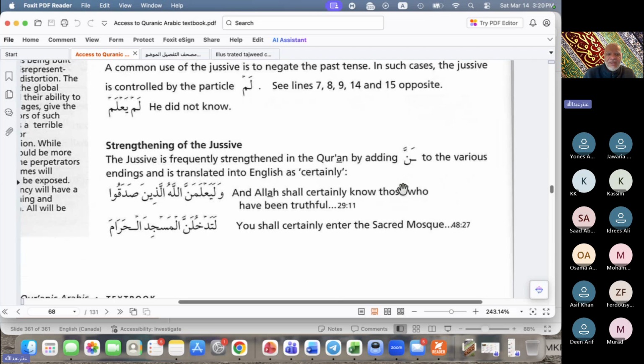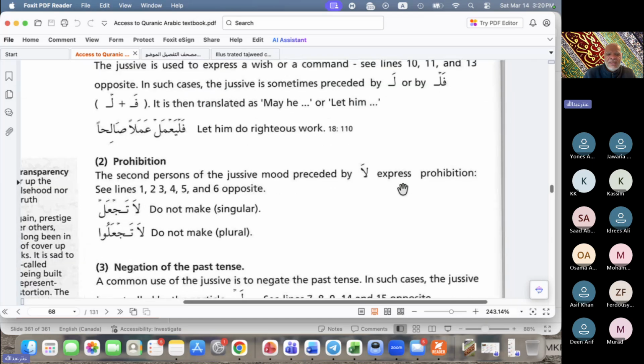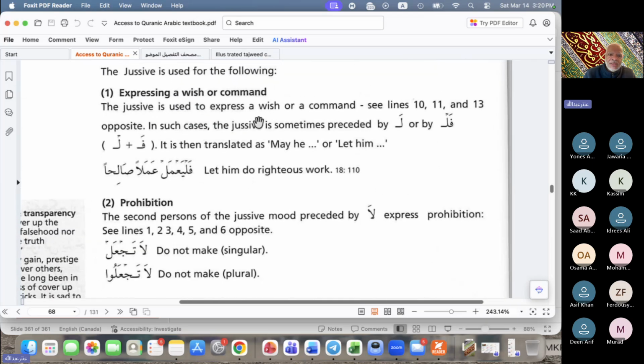For the strengthening and for the fact it is also for the command, for expressing the wish or the command. فَلْيَعْمَلْ ليعمل عملا صالحا. Let him do righteous work. So this lam here means let him do. Command him to do. May he do. فليعمل, and the marker is the sukun.